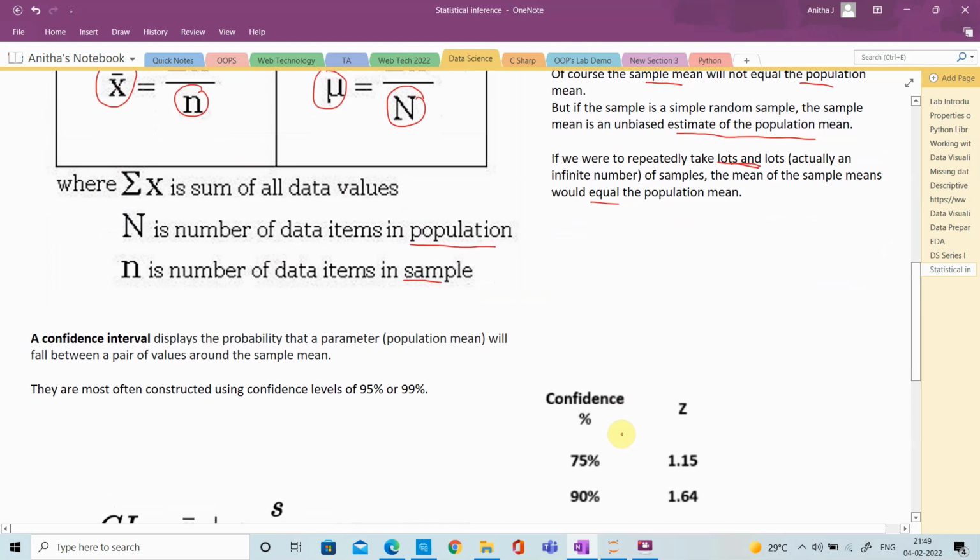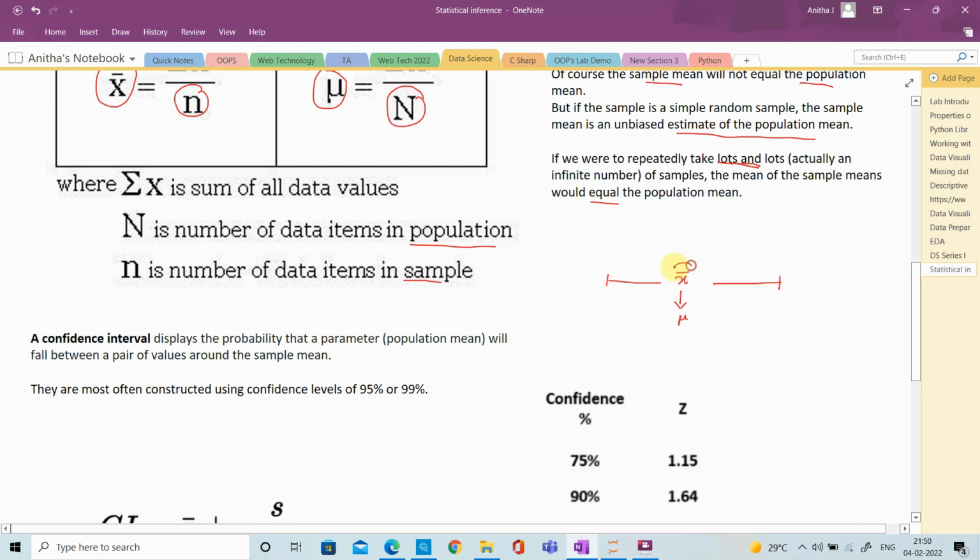And now you are calculating the sample mean. We don't know what our population mean is, but we are going to estimate it through this sample mean. To estimate that, we need to calculate the confidence interval.